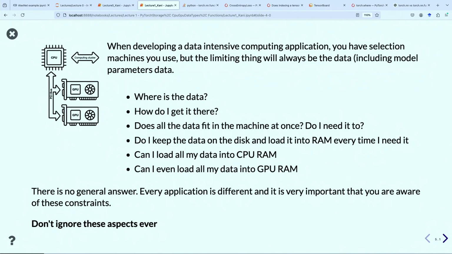Again, that's a big question. For most of the larger models on Hugging Face, you can't even load them all on a single GPU, which is a hard thing. So there's no general answer. You just have to play it by ear. But we have to be aware of the constraints, and more importantly, we have to be as conservative with our data as possible. We can't afford to waste anything.